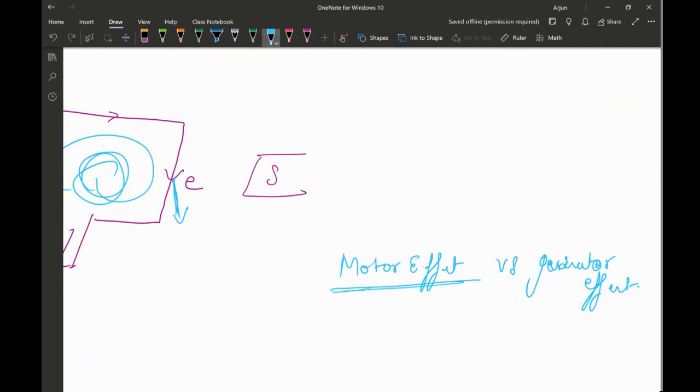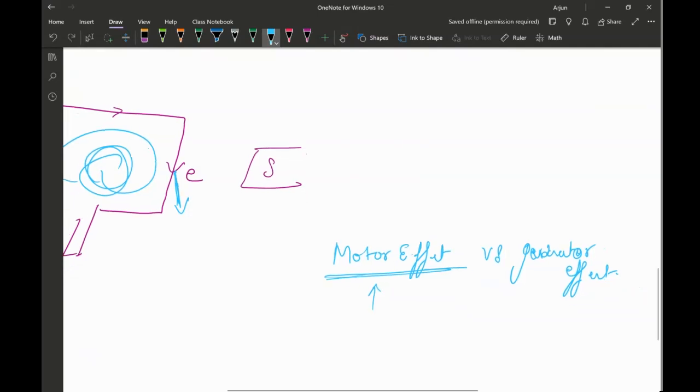In motor effect, what we're trying to find out is the rotation, meaning we get the mechanical energy.